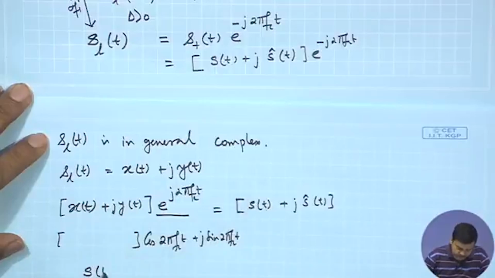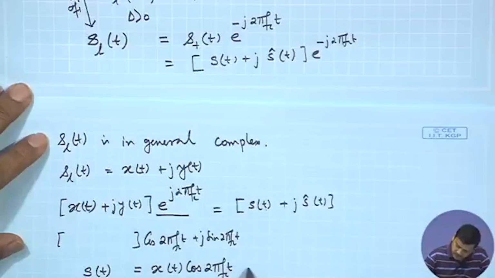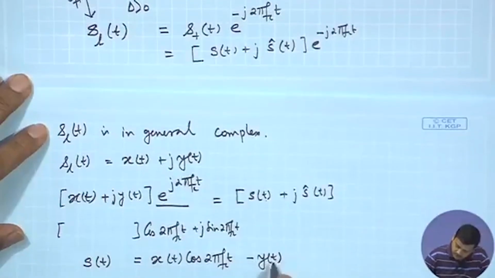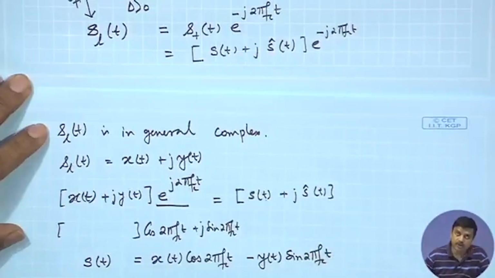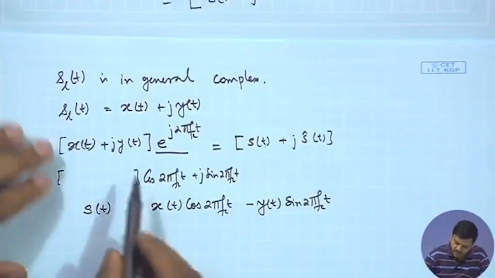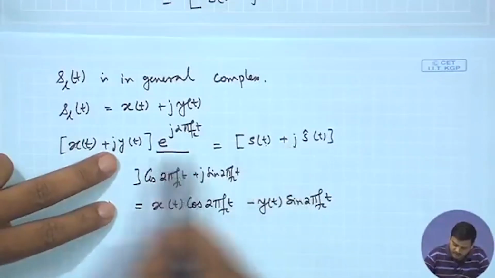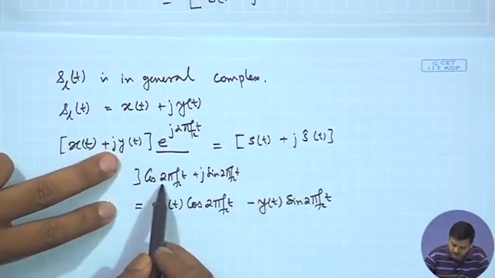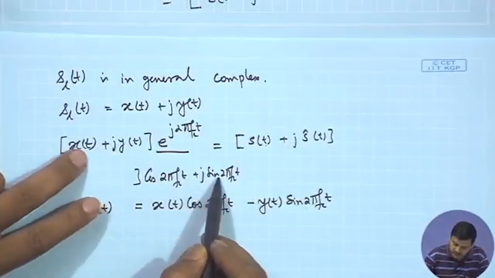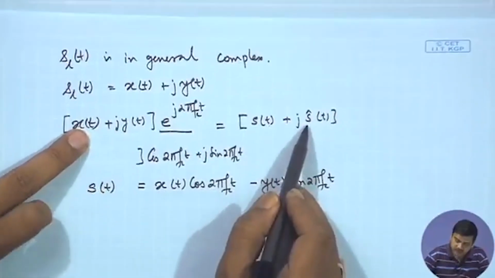So, you can get S of t is equal to x of t cos 2 pi f_c t minus y of t sin 2 pi f_c t. And if we look at the imaginary term, y cos 2 pi f_c t with a j and x sin 2 pi f_c t with a j, and we can equate with this term.